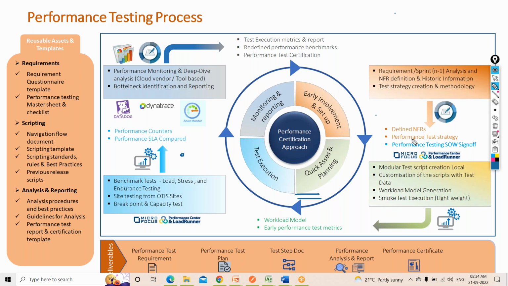Let's say the functional testing was not done properly, so the functionality of the application is not working properly, and it has been sent back to the functional team to be rectified. Whatever the issue is, we have to highlight it if the delay is happening. To do that, we need to have this performance testing strategy and planning, a proper test plan, so that we can be safe later.